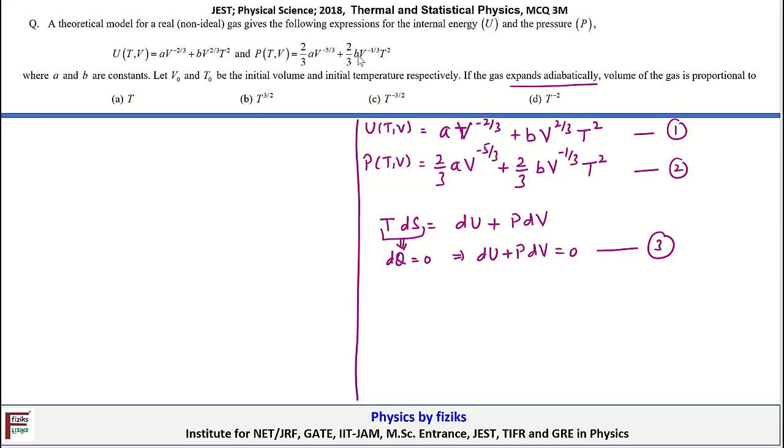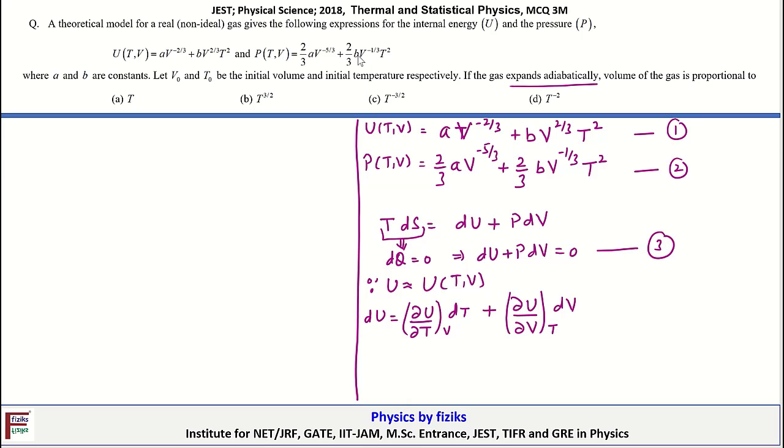Since U is a function of T and V, it's given to us, we can write a small change in the internal energy dU as equal to ∂U by ∂T keeping the second variable constant, dT, plus ∂U by ∂V keeping the first variable constant, dV. Now we are going to evaluate ∂U by ∂T at constant volume and ∂U by ∂V at constant temperature from equation 1.